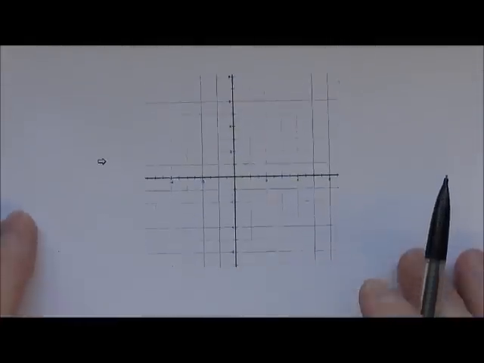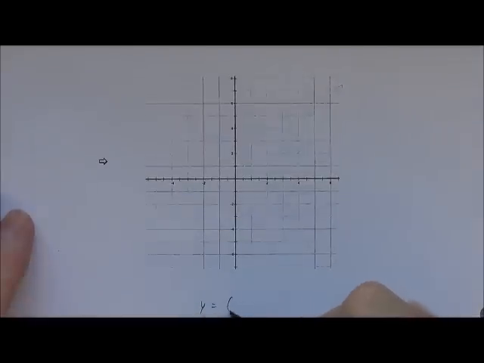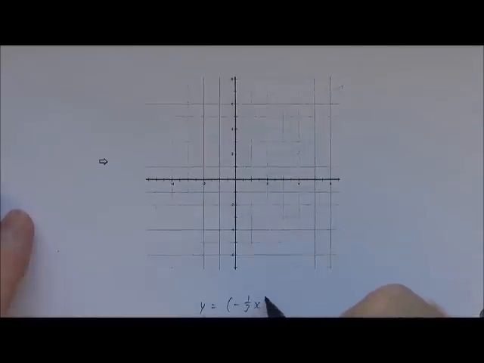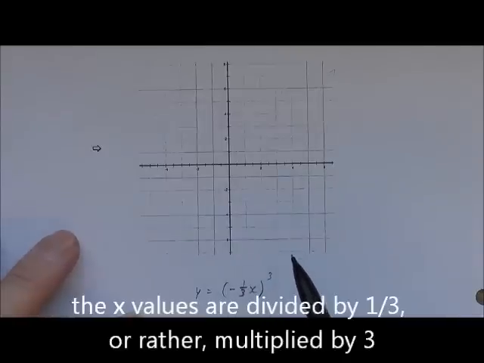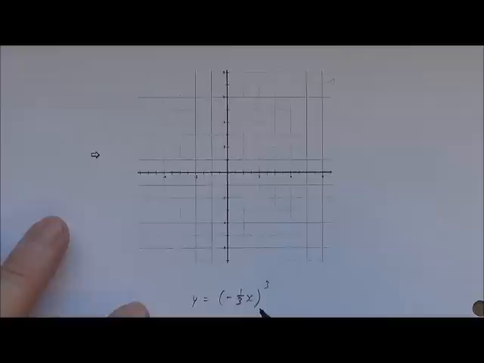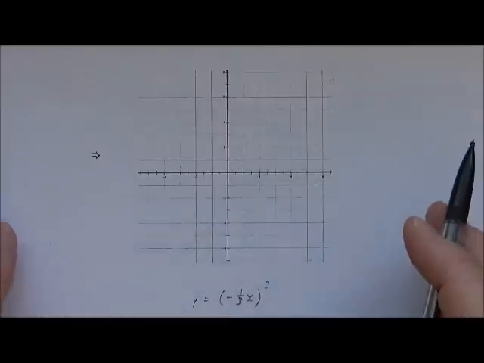Then for the next part of the transformation, to give the final graph, that 1/3 in with the x does not compress the x values by 1/3. It actually multiplies the x values by 3 because it's the opposite of what you think when it's inside with the x values.